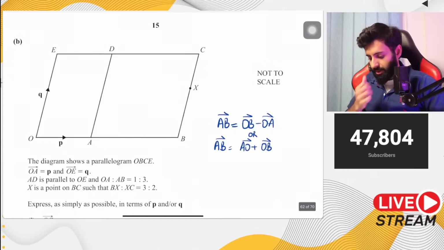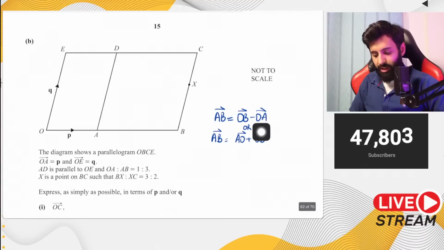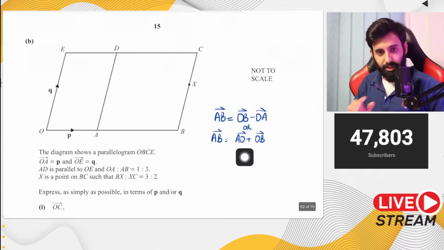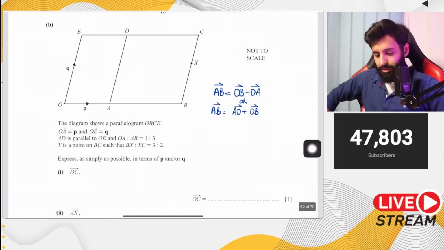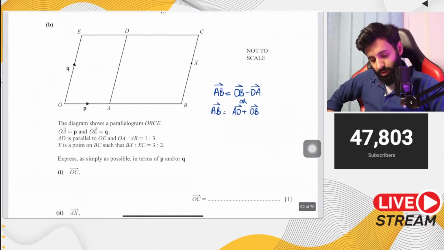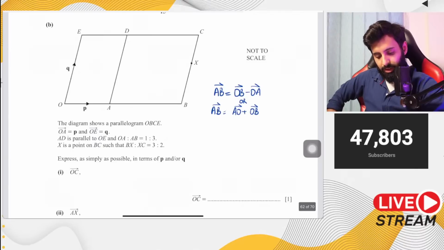So it doesn't matter how you write it, just make sure that if let's say you're given OA and you're converting into AO, then don't forget to change the sign. That's the only thing that you need to be careful of. Everything else is fine.